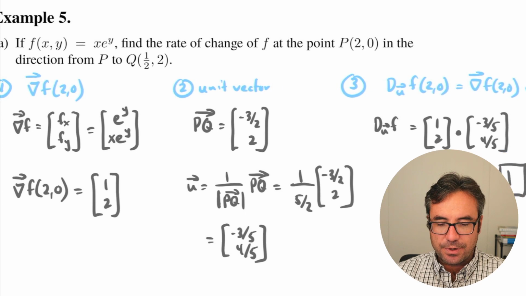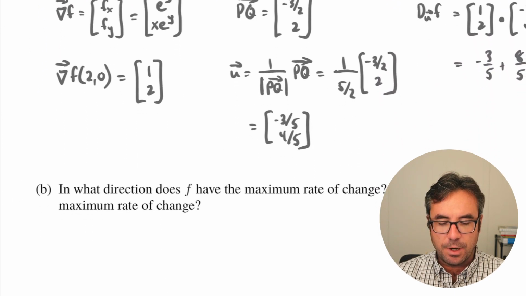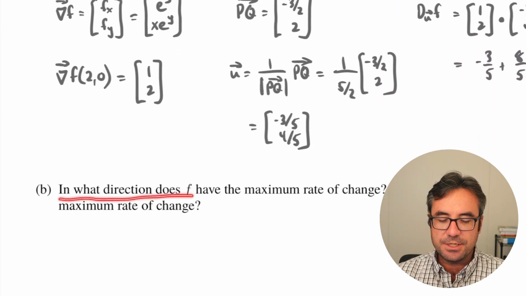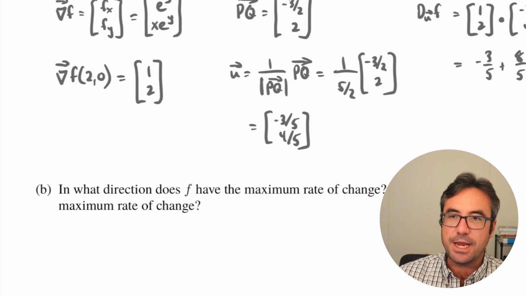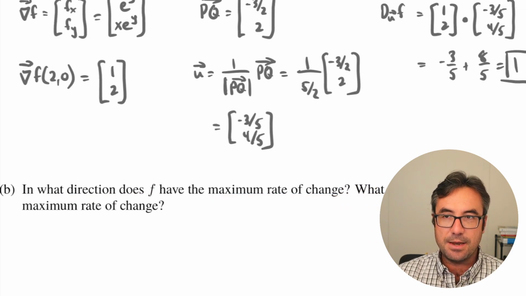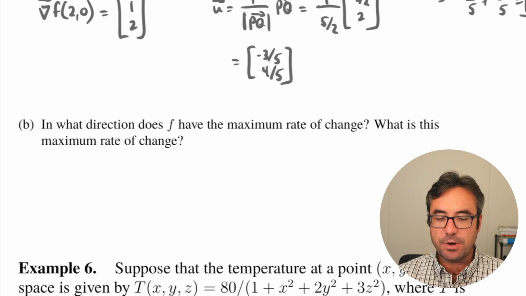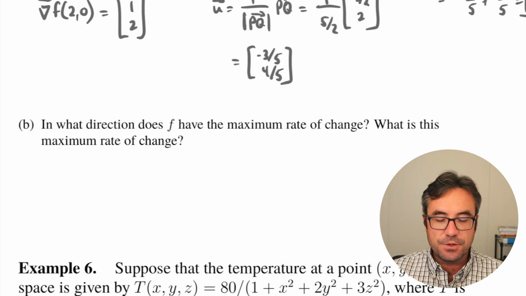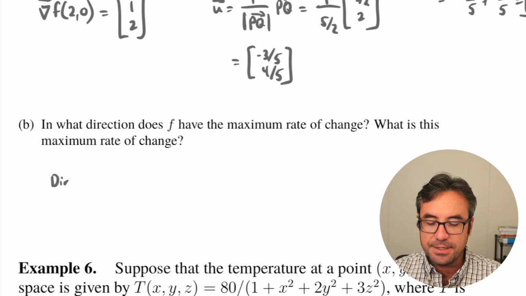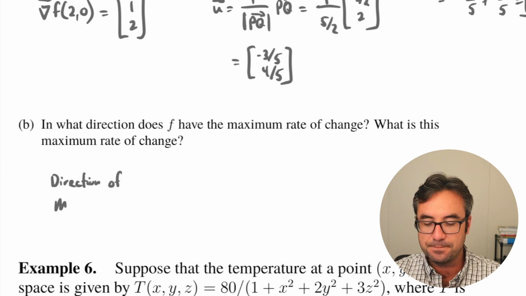So that's the directional derivative. And then for part 2 of this one, in what direction does f have its maximum rate of change? And then what is that maximum rate of change? So first of all, the direction of our max rate is going to be the gradient by that previous result.